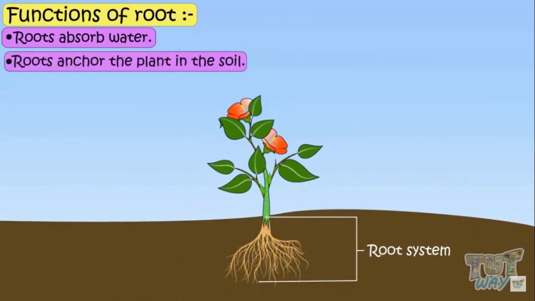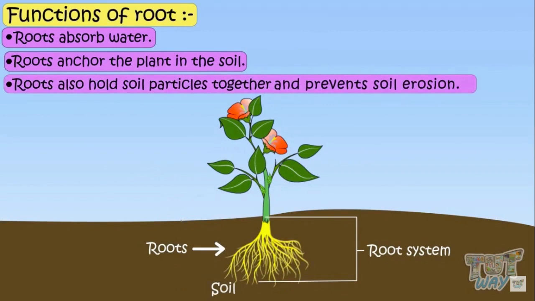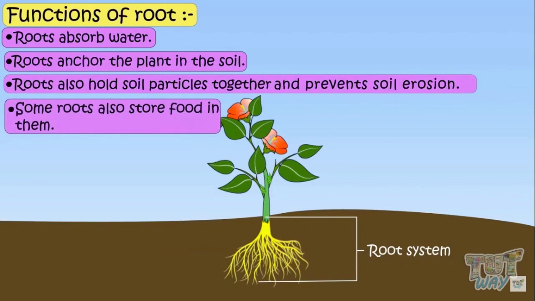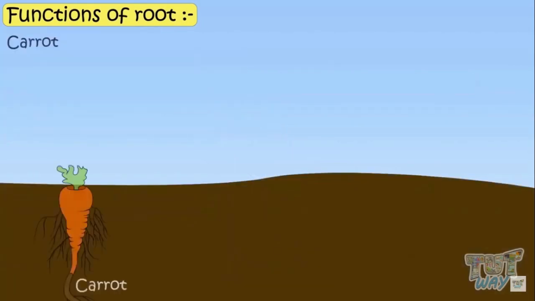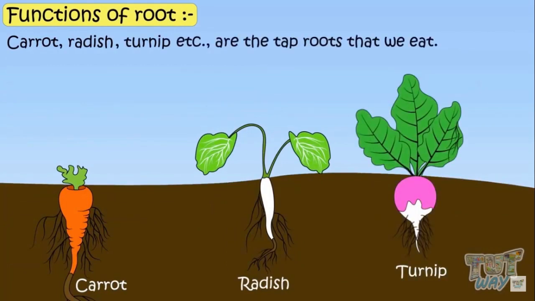Roots anchor the plant. That is, root fix the plants into the soil. Roots also hold soil particles together that prevents the soil from being washed away with rain or storm. So roots are the support system of the plant. Some roots also store food in them, like carrots, radish, and turnips are tap roots that we eat.